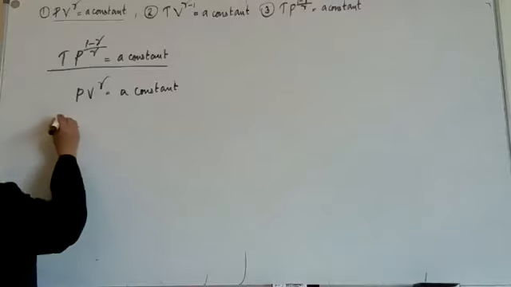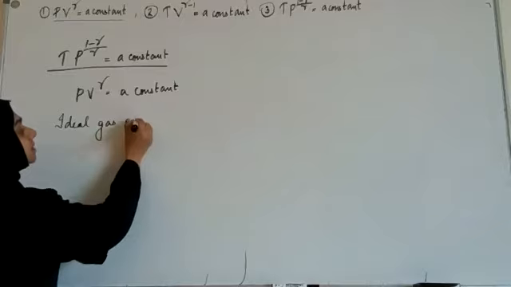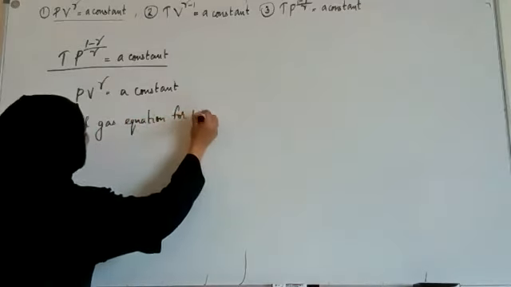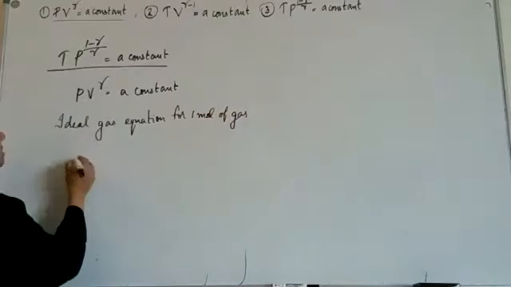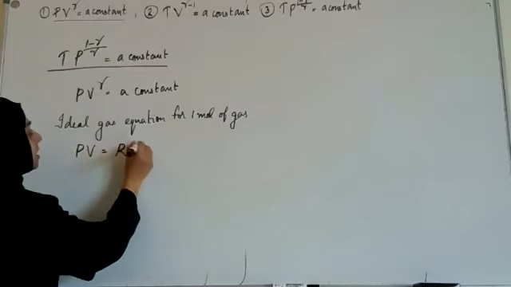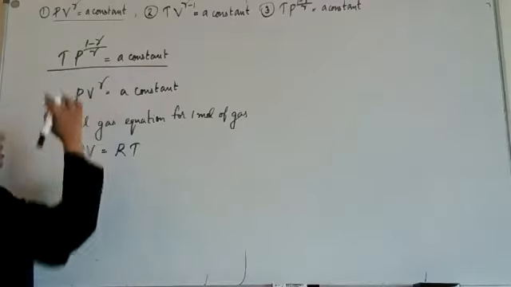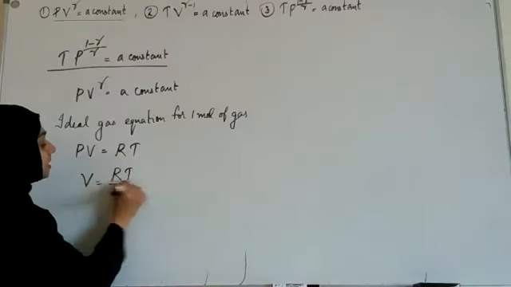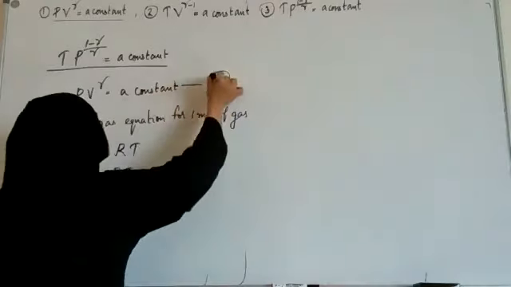So let us take the ideal gas equation for 1 mole of gas. It is PV is equal to nRT, n is 1. So PV is equal to RT. And I don't want volume here, right? So I'll take volume and put it as RT divided by P and substitute for this in equation 1.